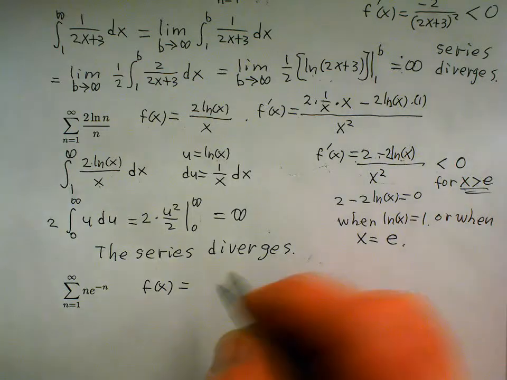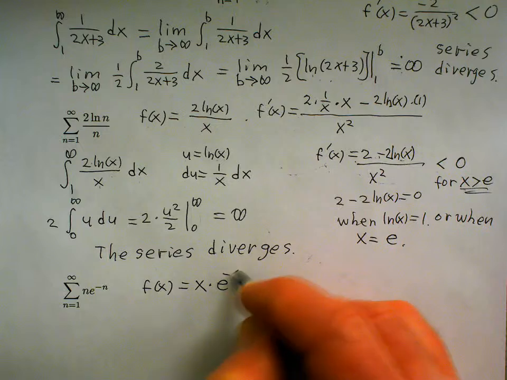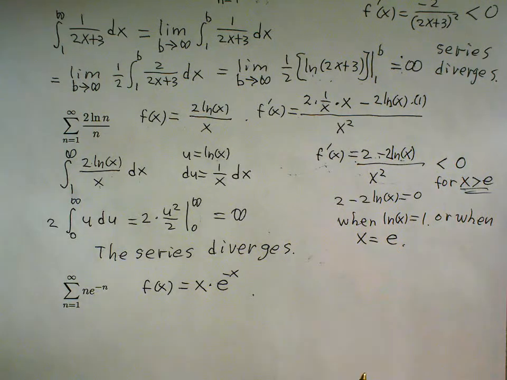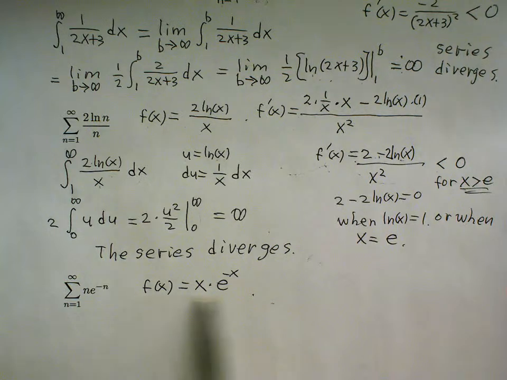Either way is okay. I'll just write it as x times e to the negative x. For x greater than or equal to 1, f of x is positive, and it's continuous. But is it decreasing?